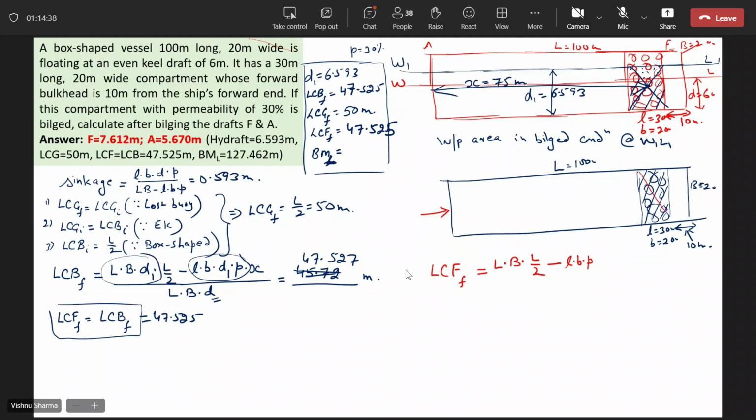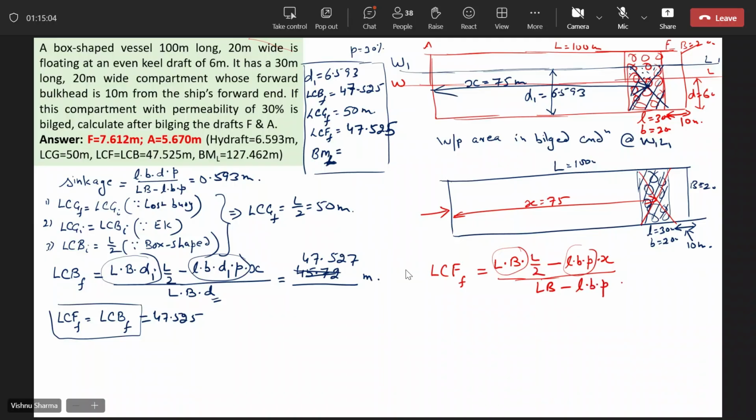And where will be the geometric center of this one? What will be the lever? X, 75 meters, so into x. This will give me the longitudinal moment of the intact water plane. And if I divide by the intact water plane, what do I divide with? The intact water plane is the whole water plane minus the lost water plane.